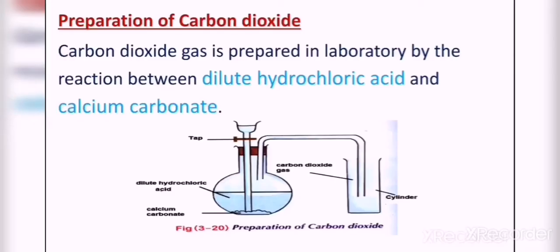You can prepare the carbon dioxide gas in the laboratory by reaction between dilute hydrochloric acid and calcium carbonate.